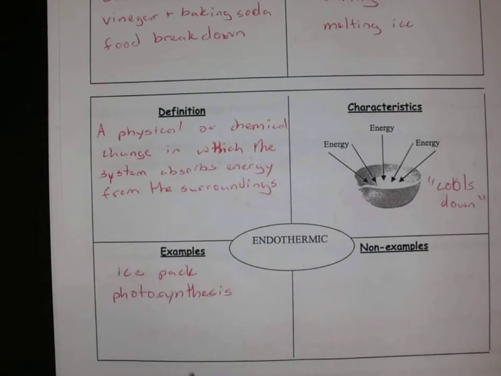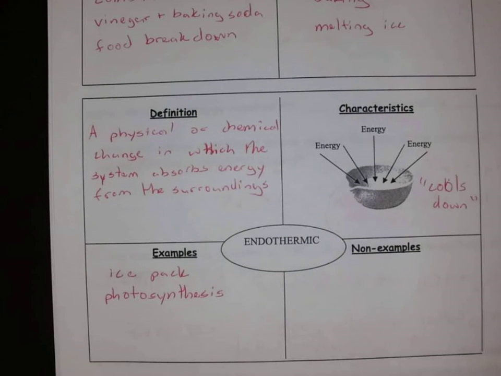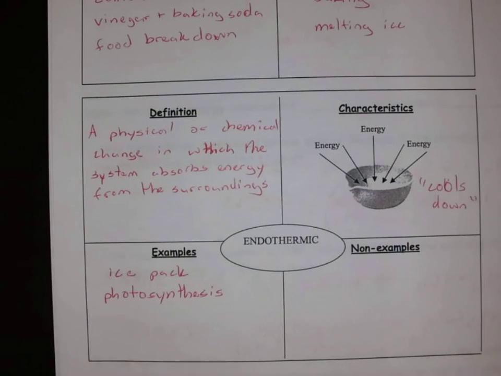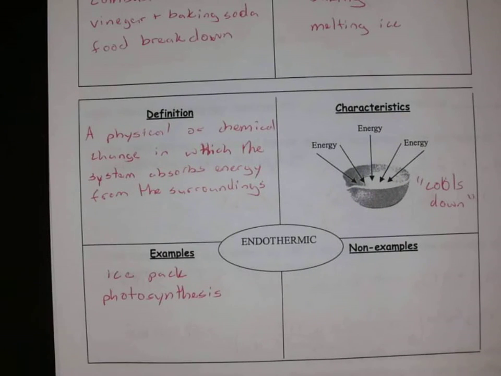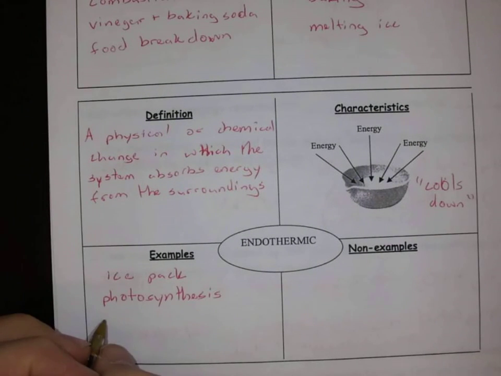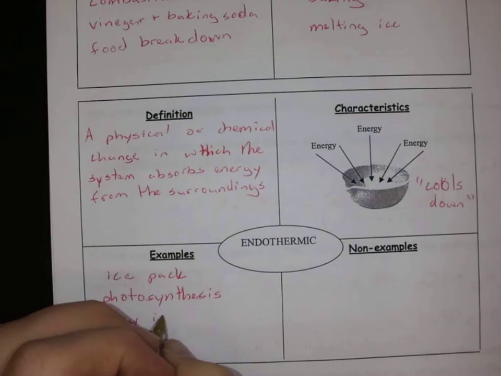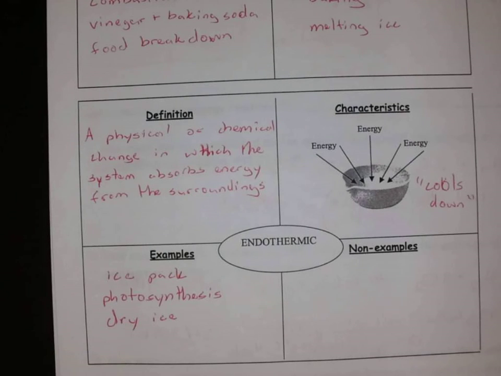Photosynthesis needs energy to occur, right? It absorbs that sunlight energy, okay? So photosynthesis would be an endothermic reaction where it absorbs that energy, okay? We could think about dry ice, right? Dry ice absorbs that energy and goes from a solid to a gas.